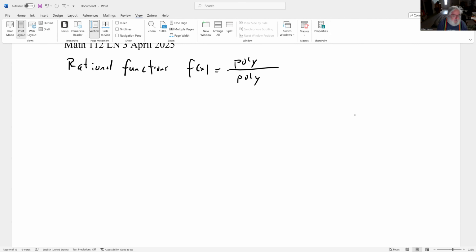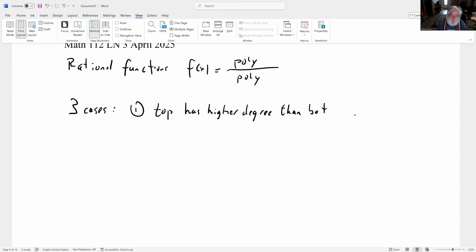There are three cases that we'll look at. The first is that the numerator, or the top function, has a higher degree than the bottom.